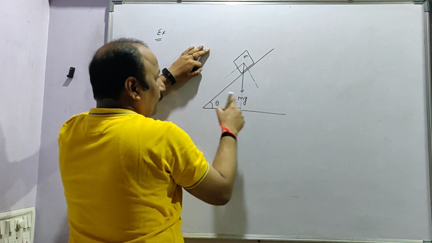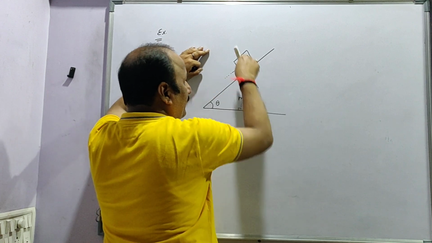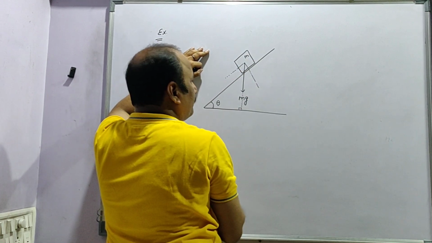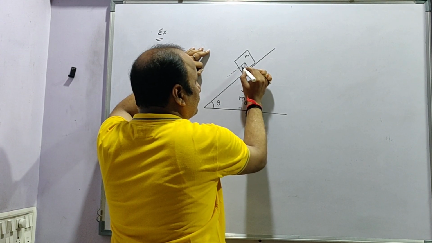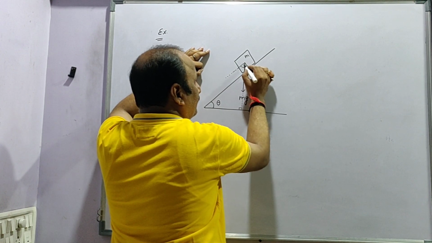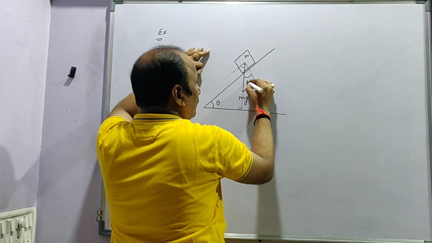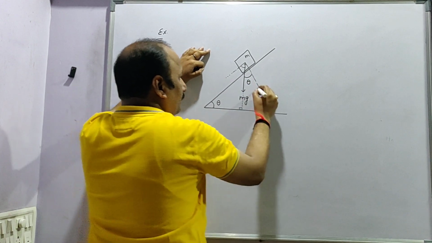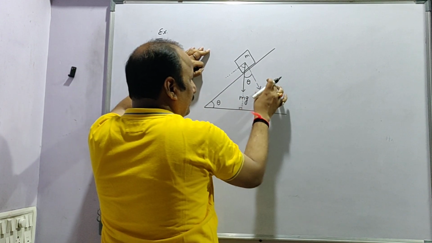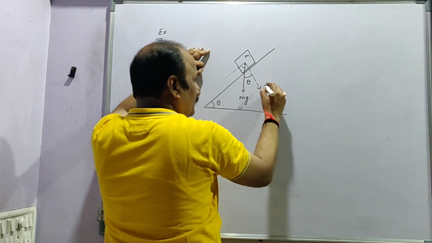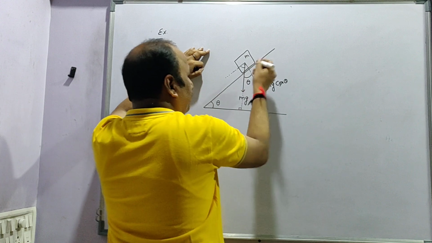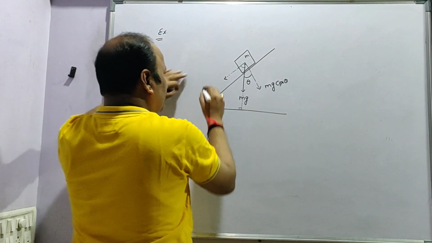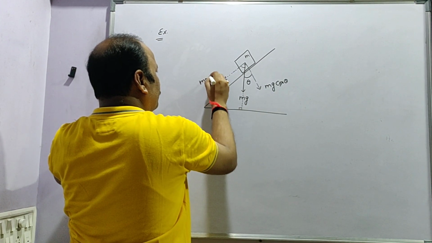So the component of mg along this inclined plane and perpendicular to the inclined plane, this is 90, so it will be 90 minus theta, and this is 90, so this angle is theta. So the effect of mg along this direction, that is mg cos theta, and perpendicular to mg cos theta, that is mg sin theta.